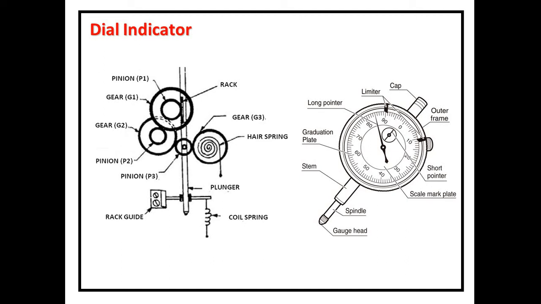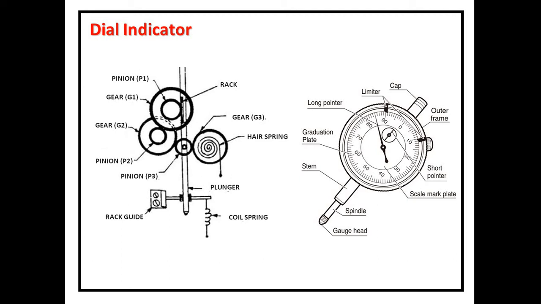As the plunger moves, the movement is transferred to pinion 3, then again from here to here, P2 to G2, G2 to P2, and likewise G1 to P1, and finally to this rack. So there is a set of gears and pinions attached to this spindle, and the very small movement happening at the end of this plunger is magnified through this gearing system.